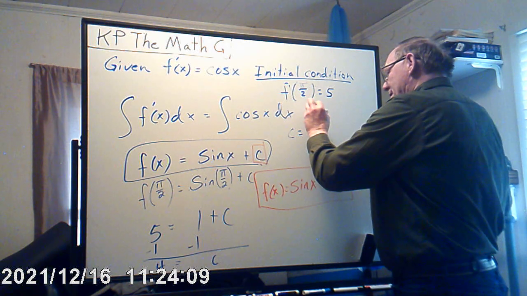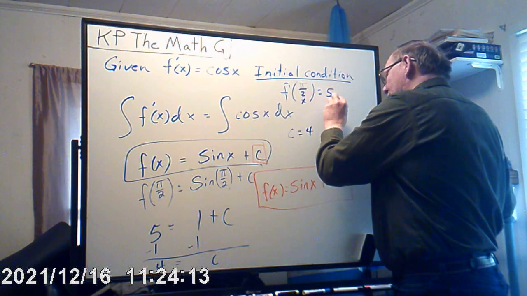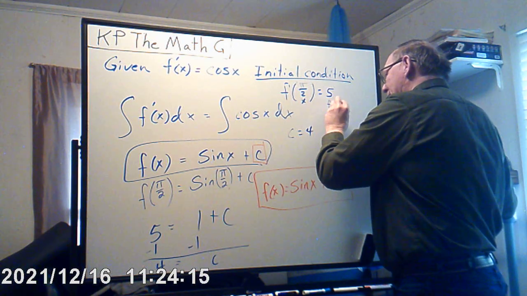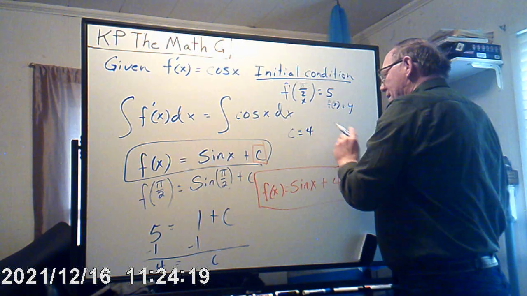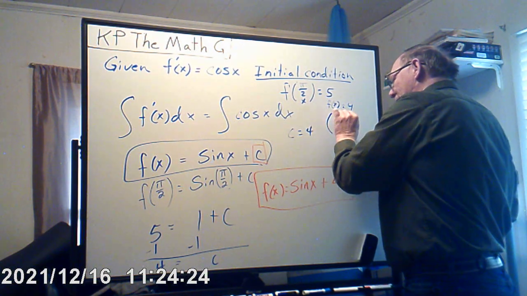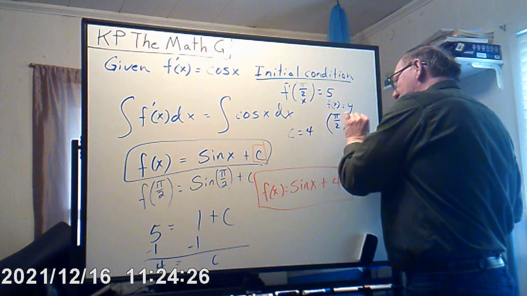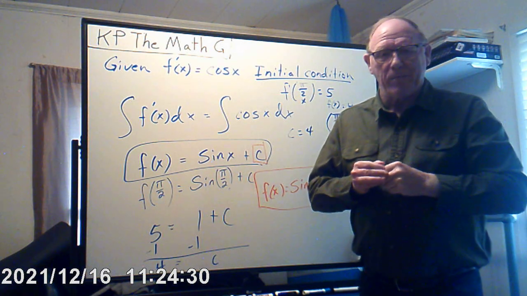This, by the way, was like that last problem. This is your x, and this is your y. So this would be an ordered pair of pi over 2, comma 5. That's what you need to keep in mind.